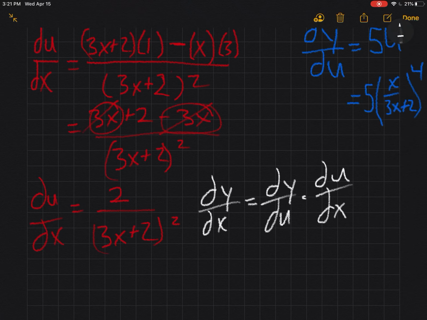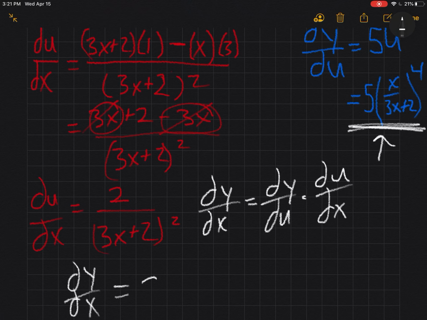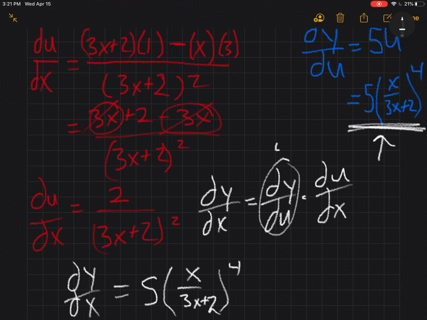So together, because what the chain rule tells us is that the derivative of y with respect to x is equal to the derivative of y with respect to u times the derivative of u with respect to x. So here's my derivative, dy/dx.